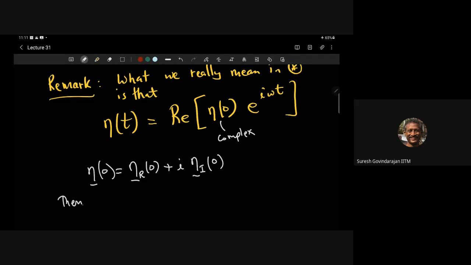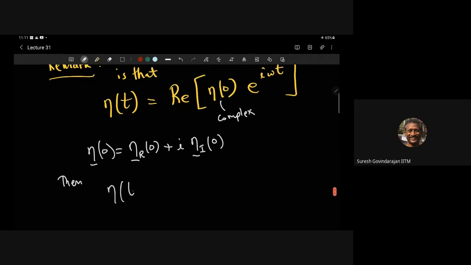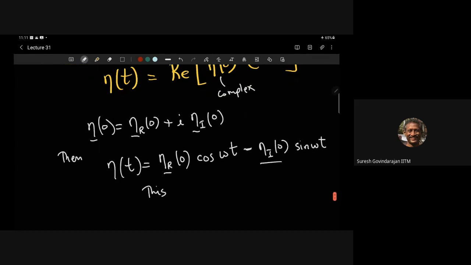Then eta of t becomes... So you can see that by going to the complex basis, we are actually getting the most general solution.